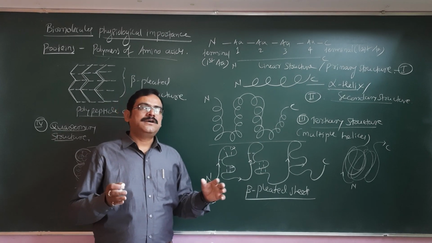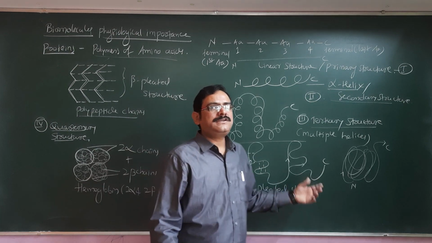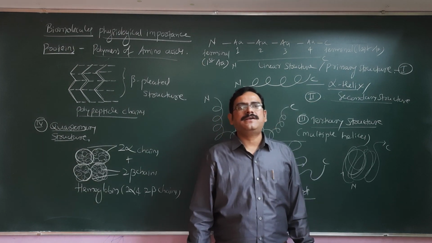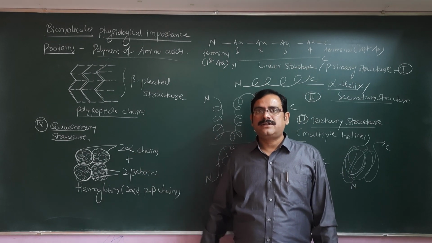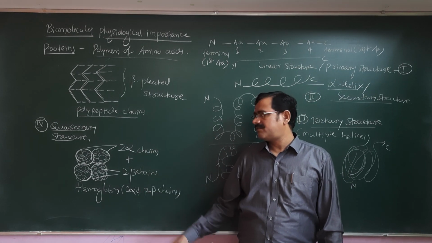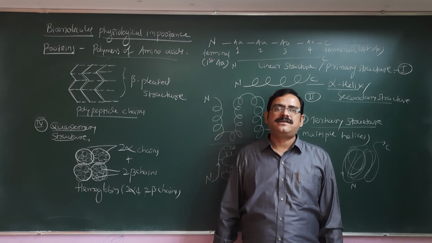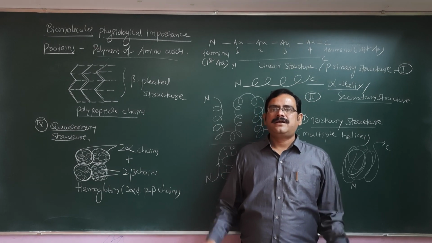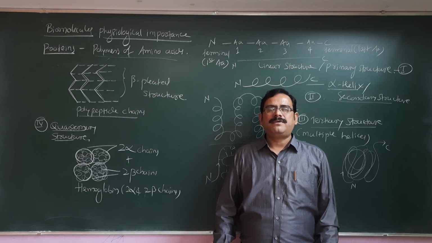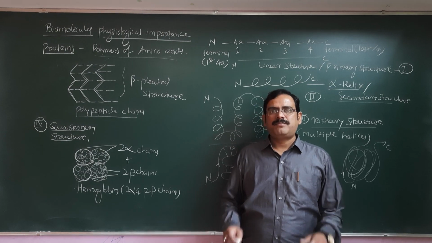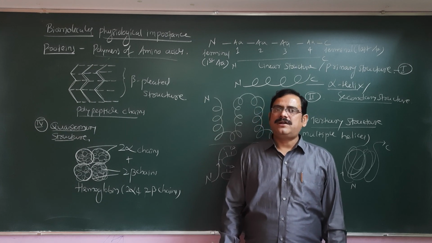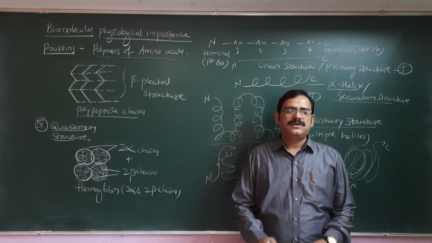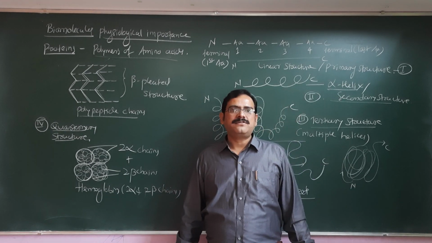Such complex tertiary structures we call alpha units or beta units. They club together, 2 alpha and 2 beta. The best example is hemoglobin, seen in the RBC, the protein carrying oxygen and carbon dioxide. This is the quaternary structure.